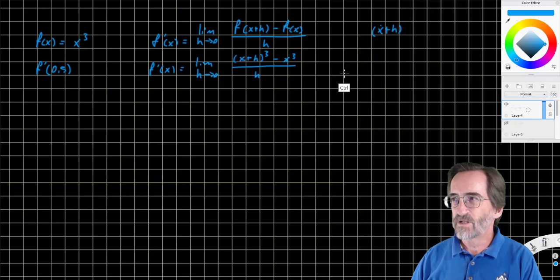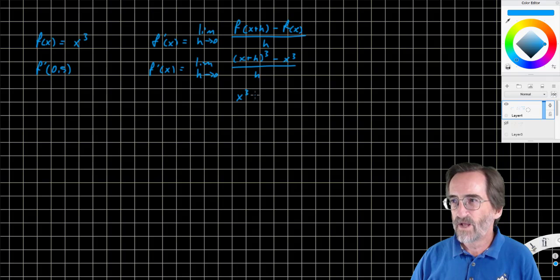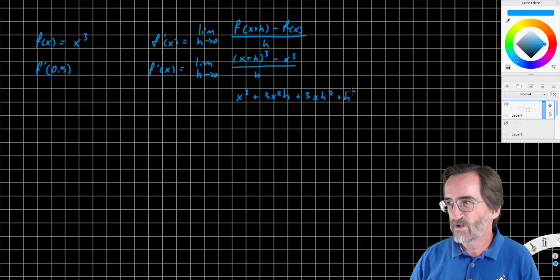But I can use the binomial theorem to do it in one step. So it's 1x cubed, it's 3x squared h, it's 3x h squared, and it's h cubed. And then we'll go minus x cubed all over h.